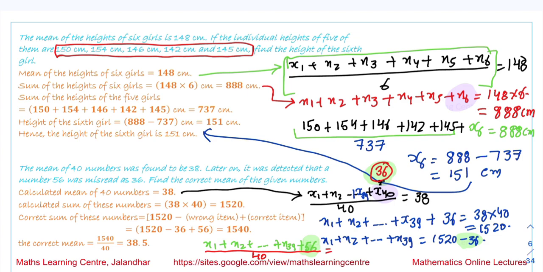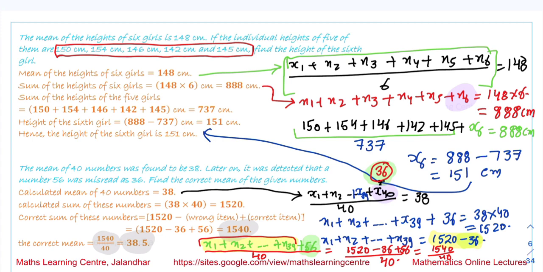The sum of x1 up to x39 is 1520 minus 36, so this gives us (1520 minus 36 plus 56) upon 40. So it is 1540 upon 40, and the answer we get is 38.5.